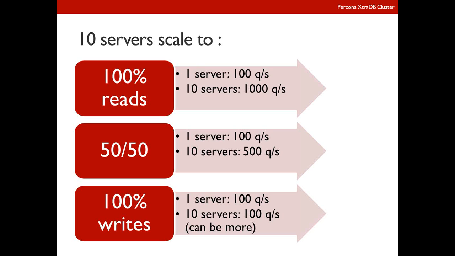For 100% write traffic, there is not much room to grow because of the internal communication I showed before. If one server can handle 100 update queries per second, then 10 servers are still able to handle only 100 of the same queries per second.